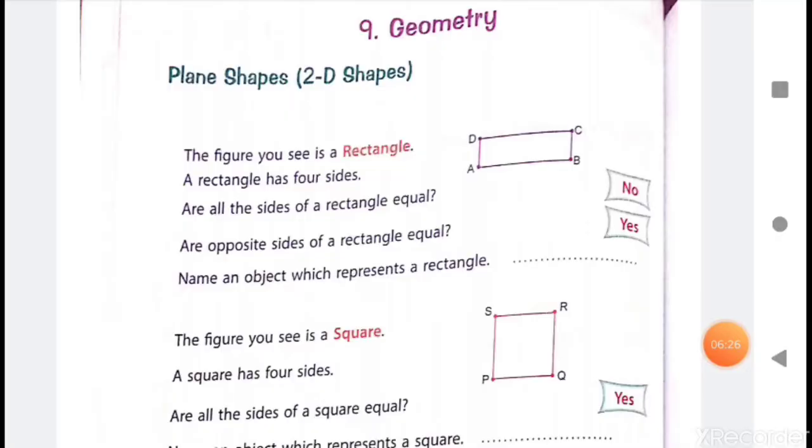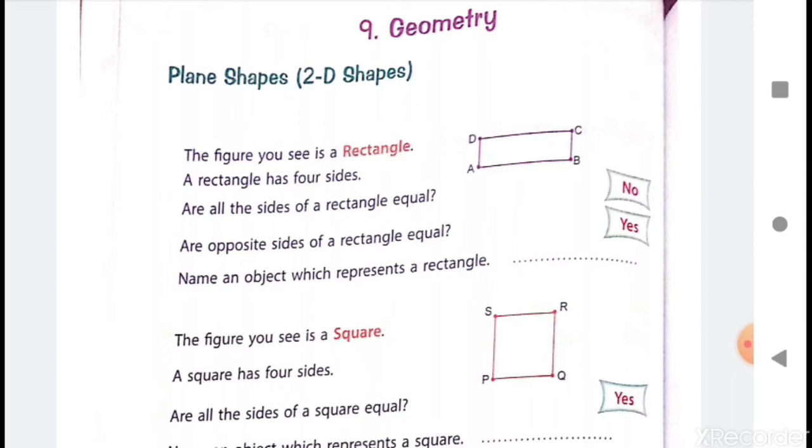First I explained about 4 basic plane shapes, that is rectangle, square, triangle and circle. First let us see rectangle. I have already explained this in my previous video.